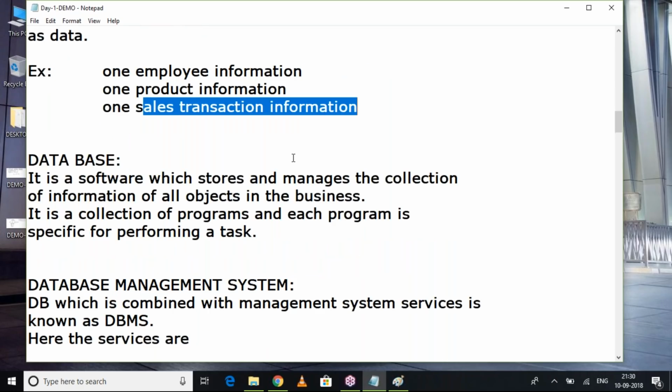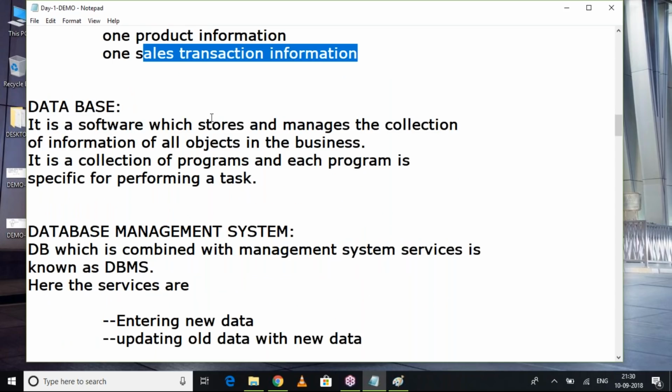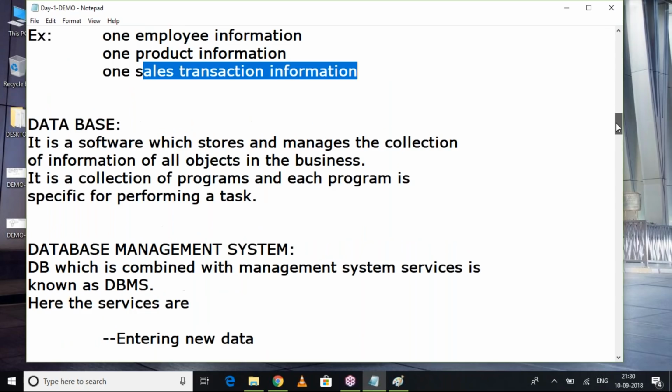So business is a collection of employees, collection of products, collection of transactions. Okay, it's not a single entity. Business means a group of entities.